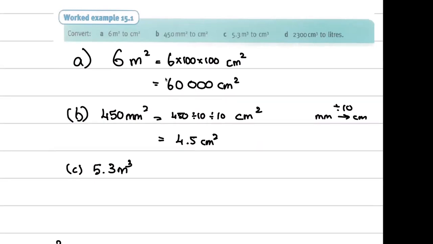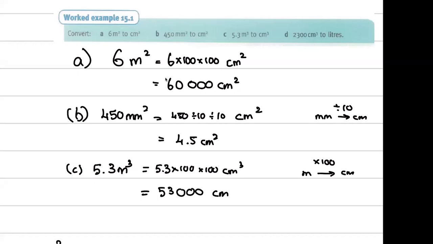Question C. Cubic meters to cubic centimeters. If you remember, meters to centimeters is times 100. So all you need to do is take 5.3 times 100 times 100 times 100.